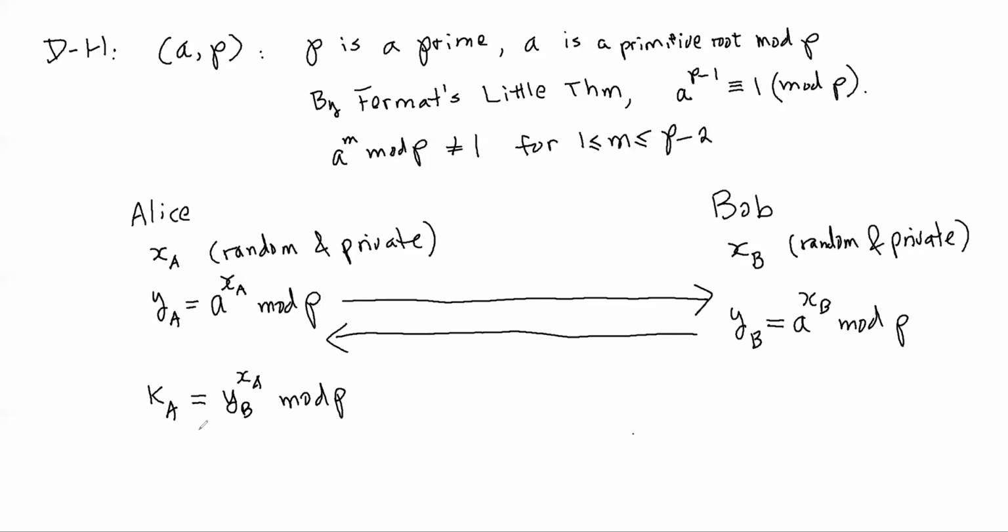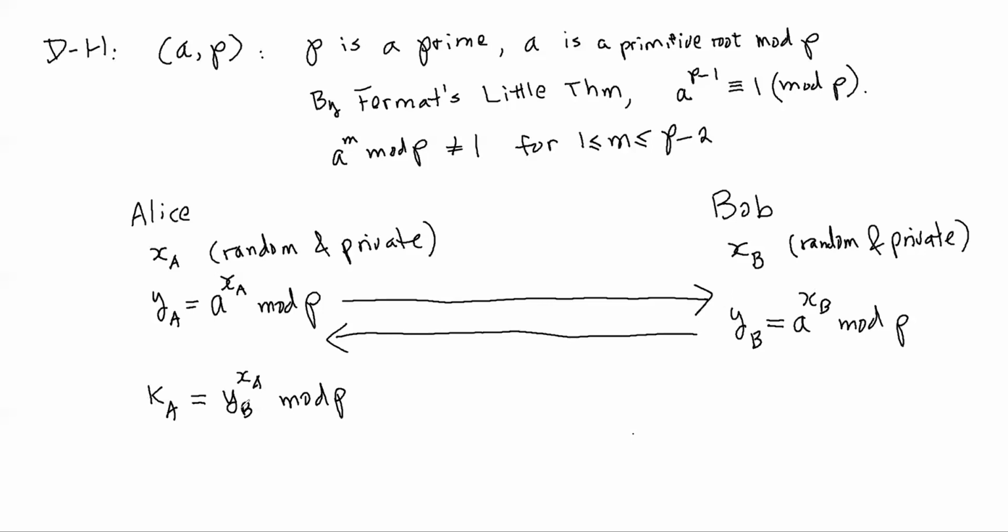And of course, from YA you cannot compute XA, that's the discrete log. We assume discrete log is difficult, and from YB you cannot compute XB. That's the underlying assumption.